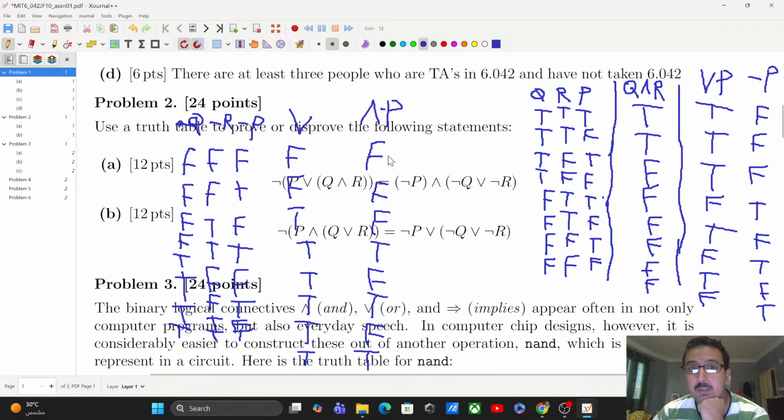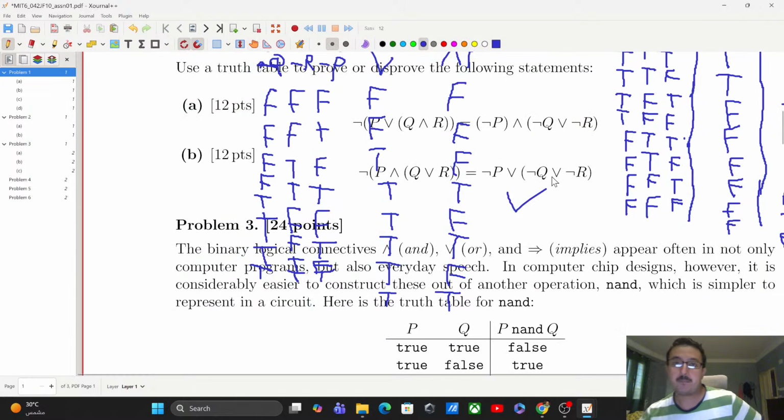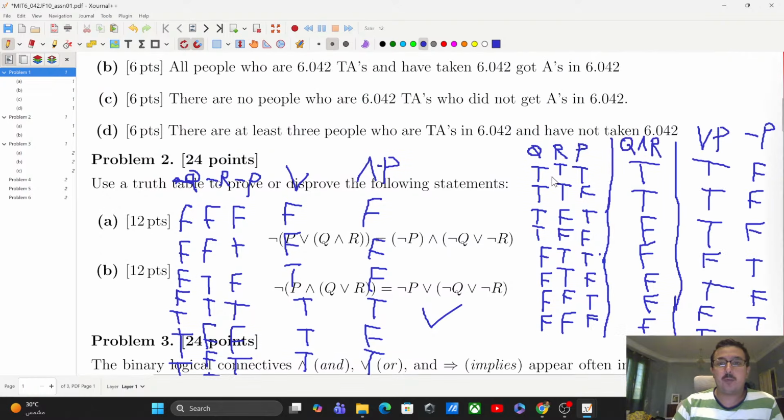Is it equal to this? FF, FF, FF, FF, TT, F, F, T, T, F, F, T, T. It's equal. So I got this right. Let's do the other one.